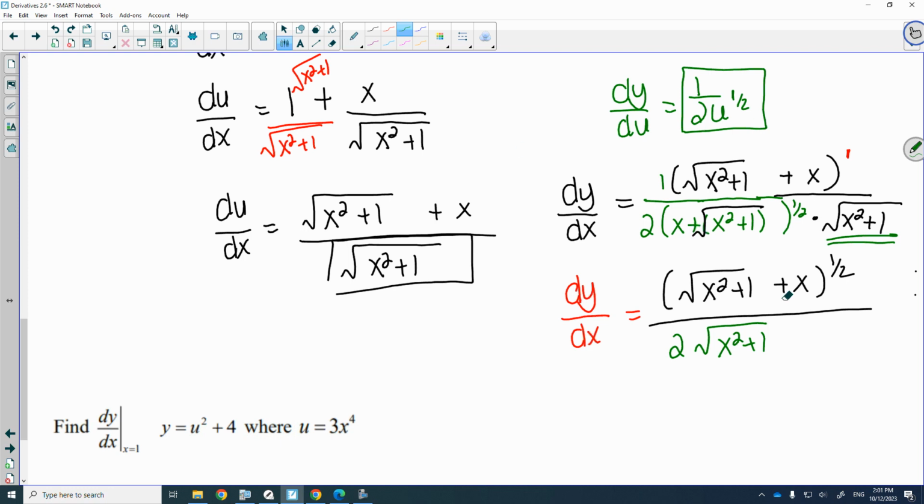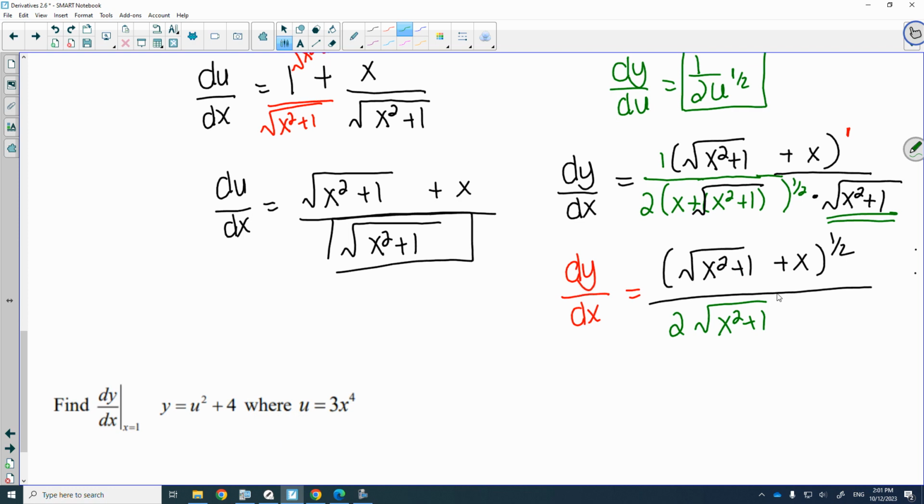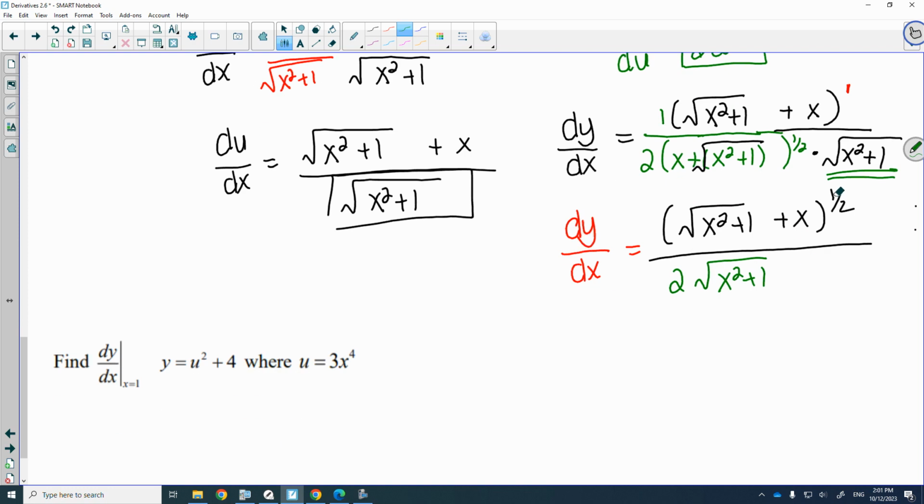And then this numerator, I could just clean this 1/2 up by writing it like this. So really hard to see. Like if you got to this, that would be good. But then again, that actually would clean up as well. This would be like a standard of excellence question.